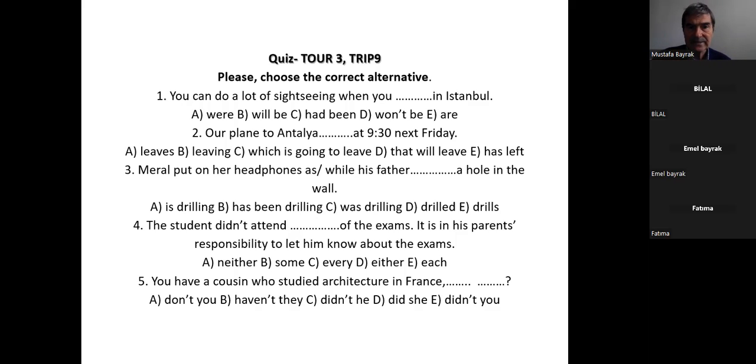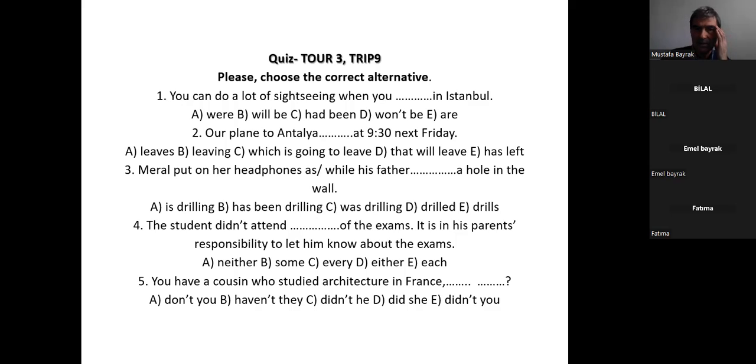Four, the student didn't attend blank of the exams. It is in his parents' responsibility to let him know about the exams. The student didn't attend blank of the exams. Neither, some, every, either, each.